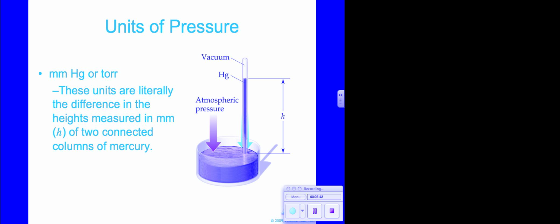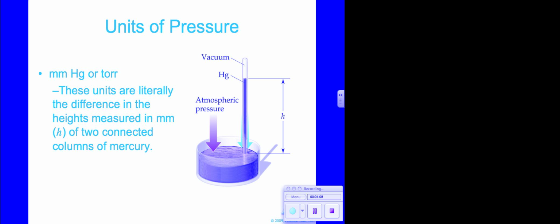The atmosphere is pushing down on the pool of mercury. If the atmospheric pressure increases, so there's more pressure pushing down, then the mercury is going to go up into that vacuumed space.